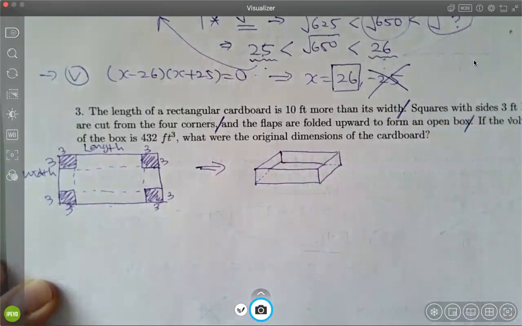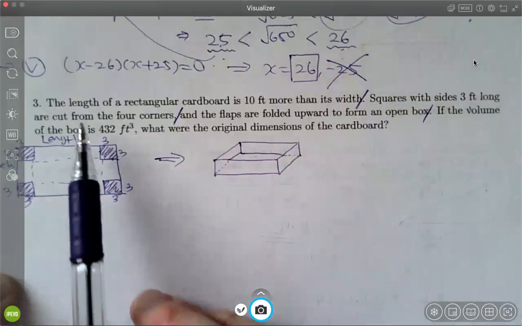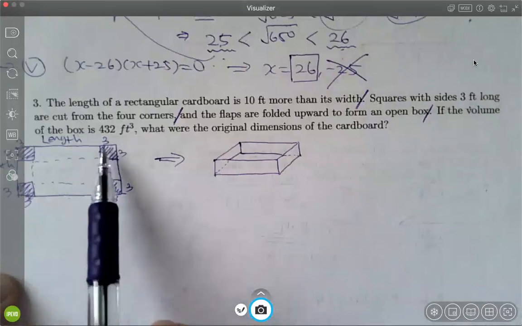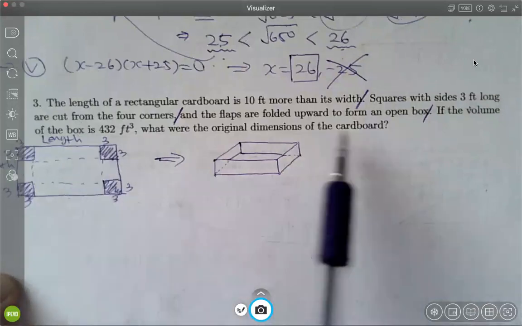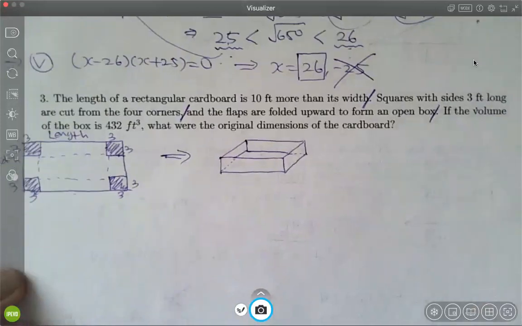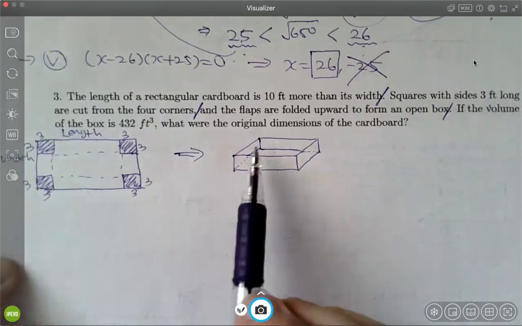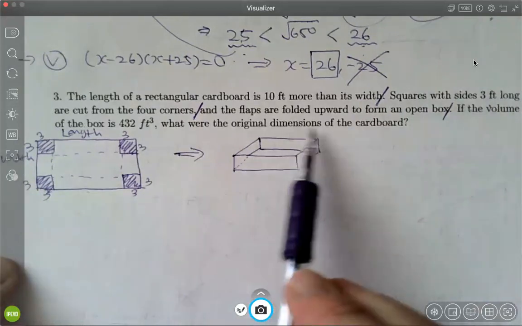Now, if the volume of the box is 432, what were the original dimensions of the cardboard? How many unknowns do we have here? The original dimensions of the cardboard, which was the rectangle.